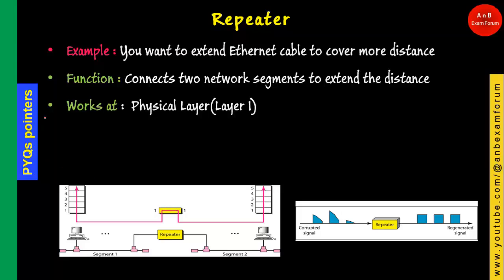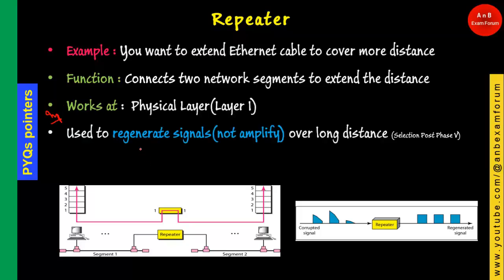This is an important pointer, and a very important pointer which is generally asked is that it is used to regenerate the signal, not amplify. Some texts give it as amplification, but it is not amplification, it is regeneration. It regenerates the signal over a long distance. This pointer was asked in SSC Selection Phase 5.